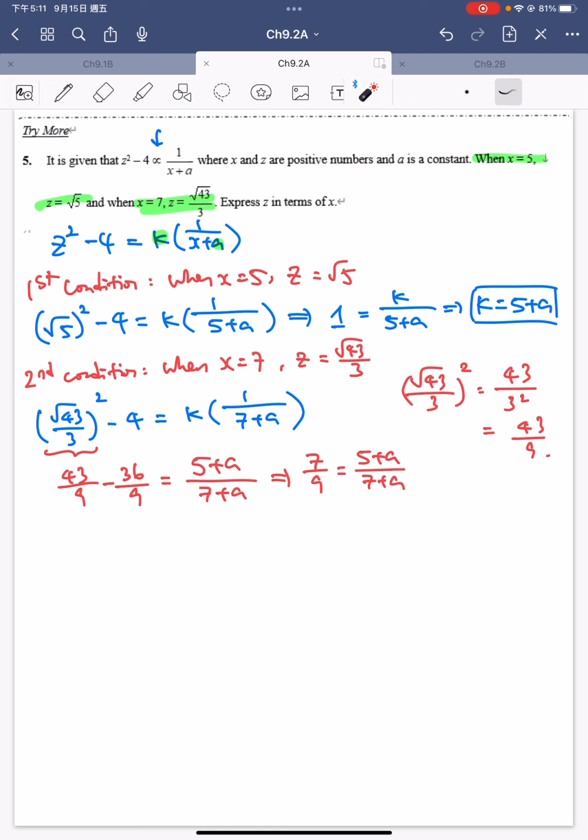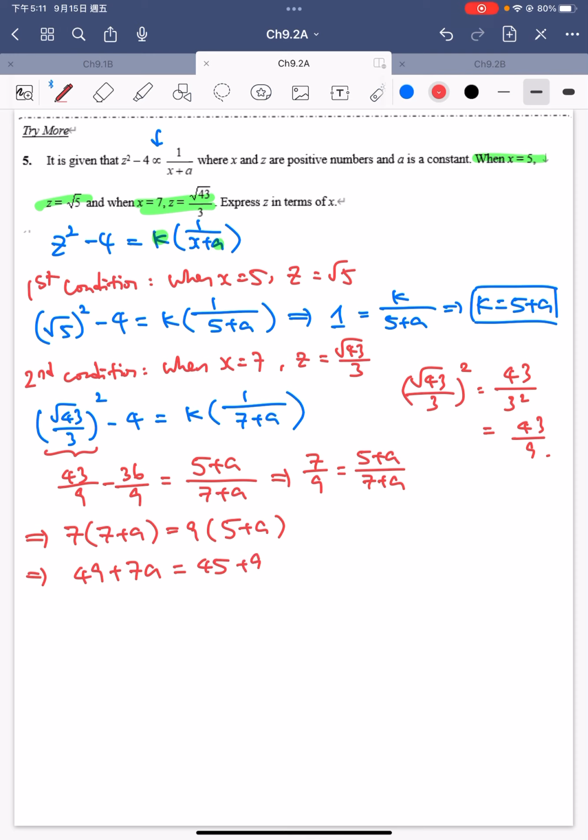After that, we can cross multiply the numerators and denominators. Then we have 7 times 7 plus a is equal to 9 times 5 plus a. After that, we expand the brackets, then we have 49 plus 7a is equal to 45 plus 9a.